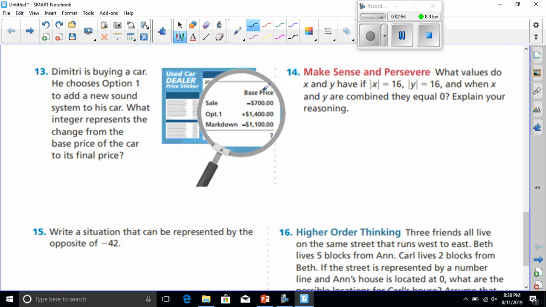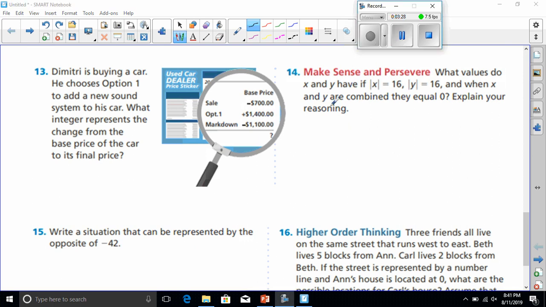Well, he bought a car with option 1, so it's $1,400 to add a new sound system to his car. It says what integer represents the change from the base price, and that was the sale price here. What integer represents the change from that price of the car to its final price?